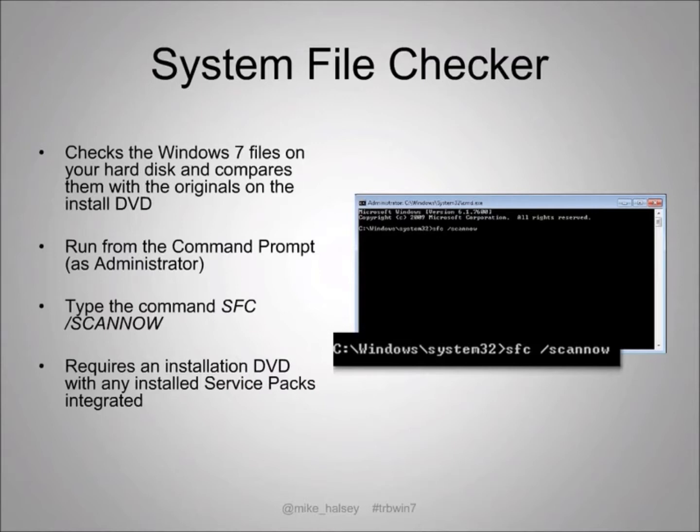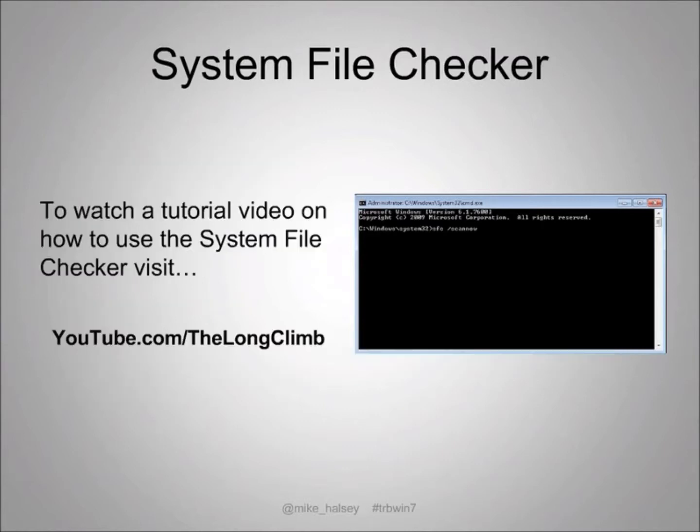There's other tutorials there on how you can create, for instance, a USB pen drive with every single version of Windows on it, every single edition, and the 32 and 64-bit ones. So there's a series of tutorials there, but there's one where all the information you need about integrating a service pack into your Windows 7 DVD is there. And again, on YouTube, I've got a video on how to use the System File Checker.